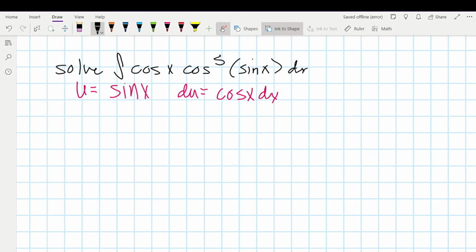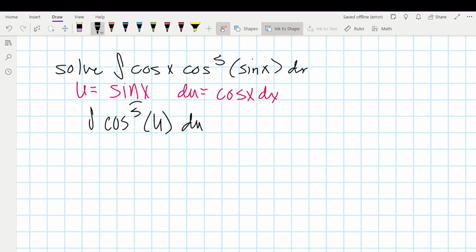So applying this to our integral, we'll rewrite this as the indefinite integral of, this will be marked off by this. So we can add that at the end, we'll add our du, and then this goes here as our u. So we will rewrite this part as cosine 5u du.